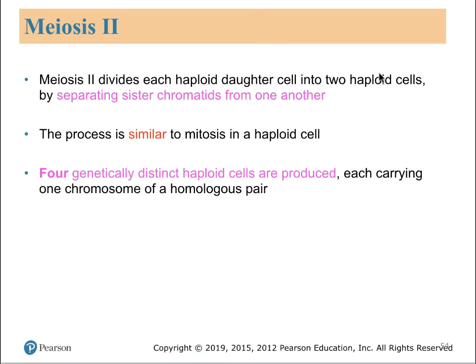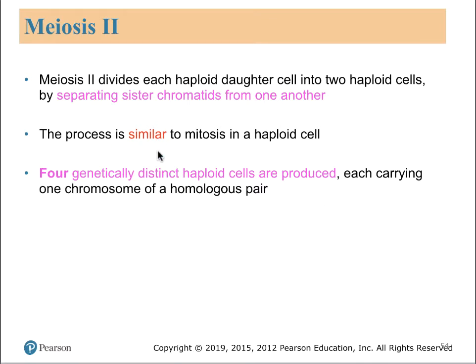Recall, even though we have reduced the ploidy of the daughter cells to half that of the parent cell or the mother cell, each chromosome still consists of sister chromatids, and that's not normal. So in meiosis II, the sister chromatids will be separated from each other so that each haploid daughter cell that will emerge will have just 1 chromosome of each type.